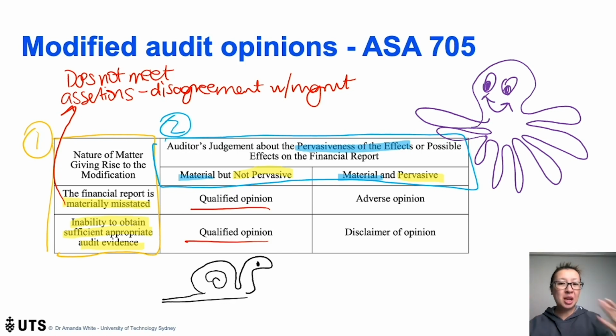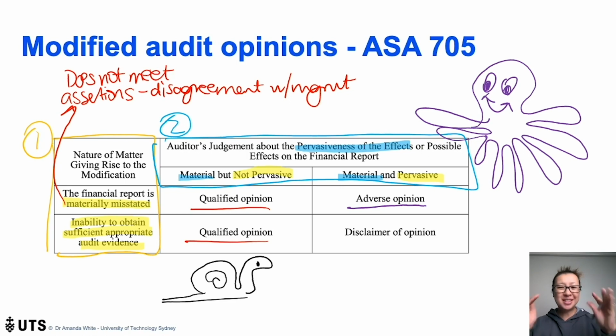So material and pervasive, if the financial report is misstated, we have disagreements with management, we have uncorrected material issues, and there's a lot of them, and they spread throughout with the octopus's tentacles, that's pervasive. In that instance, I'm going to give an adverse opinion, okay?